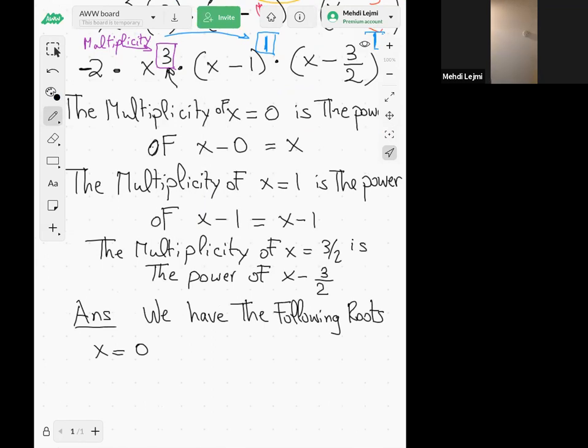That's the power of x minus 0. Then next, the root is x equal to 1, and we said the multiplicity of x equal to 1 is the power of x minus 1, so it's 1. So it's of multiplicity 1.